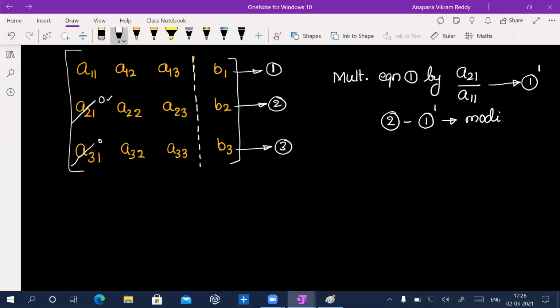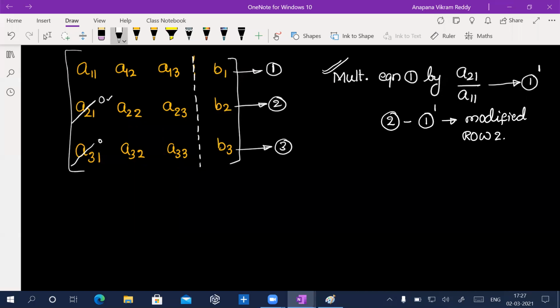So now you'll be having modified row 2. In this modified row 2, the very first element is going to be 0. So how do you see that? Let me accomplish this now. Multiplying equation 1 by A21 by A11 throughout, including the augmented element, that is B1.